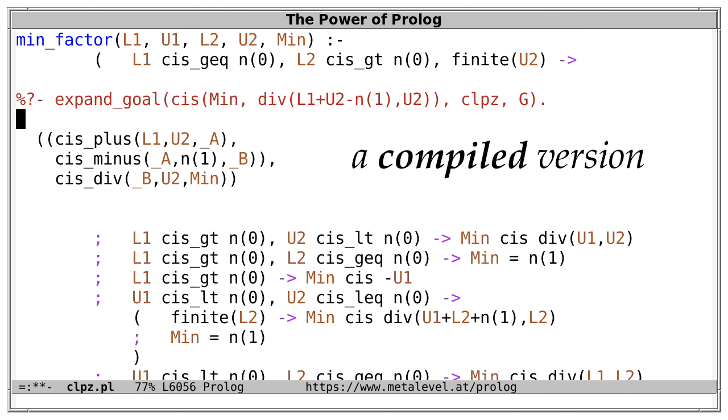Let's consider what has happened to the original goal. As mentioned, the original goal uses the predicate kiss. For comparison, in the compiled version, kiss no longer occurs at all. We also say it has been compiled away. And then let's consider this plus sign denoting addition. This is part of the second argument of kiss.